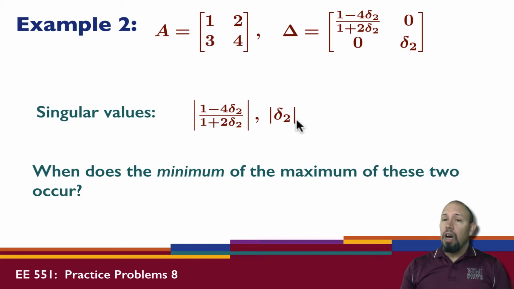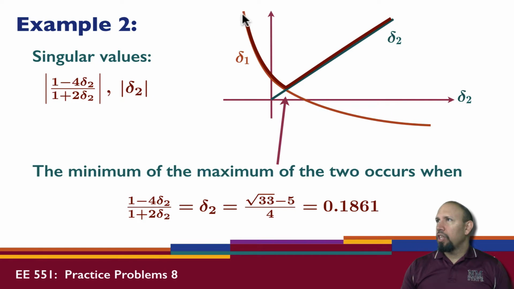And in general, one will be larger than the other, and they may switch places. So I'm going to plot them as functions of delta 2. So here's this one, it looks like that. This one here is like this. And so the minimum of the maximums occurs where these two meet, right at that point.